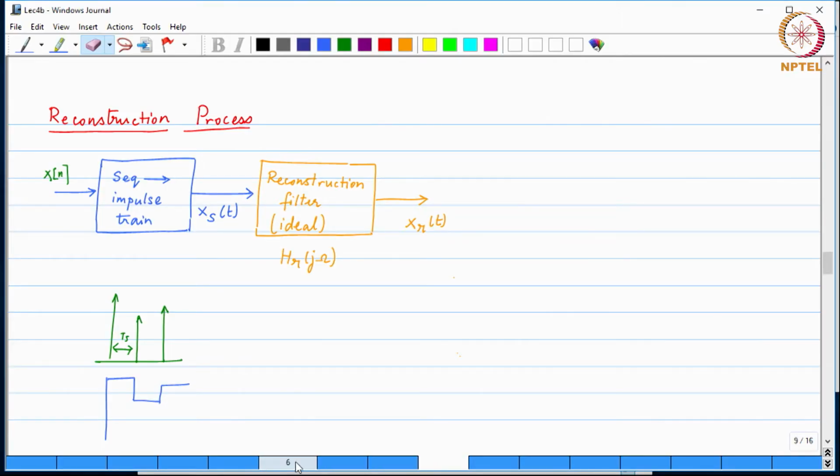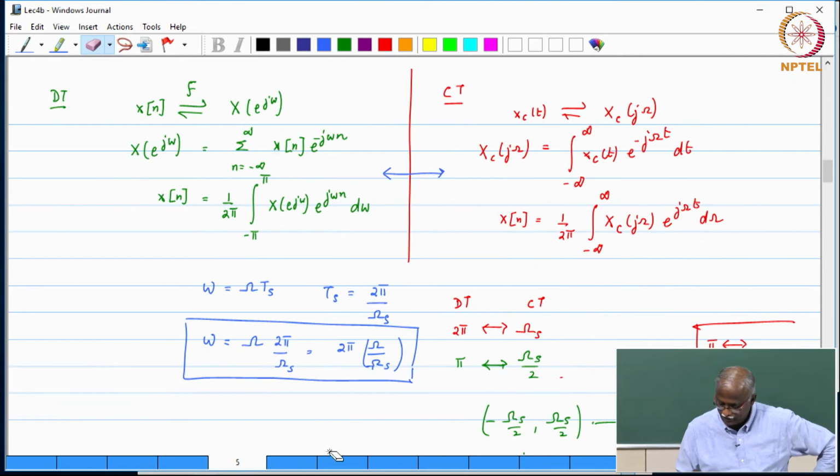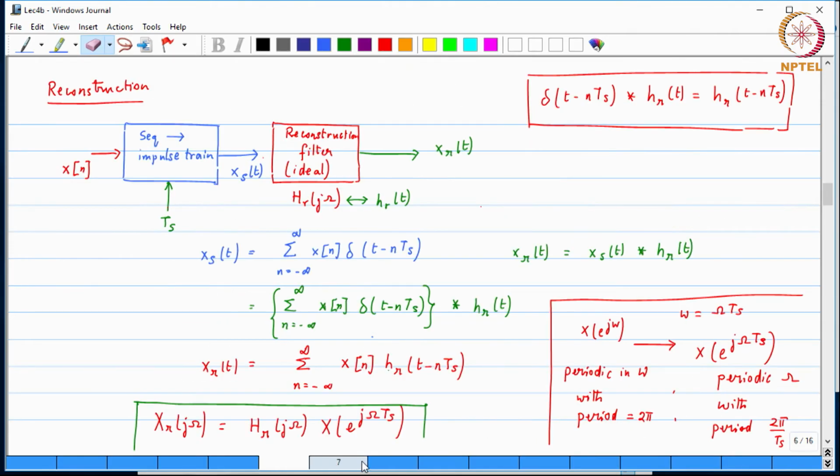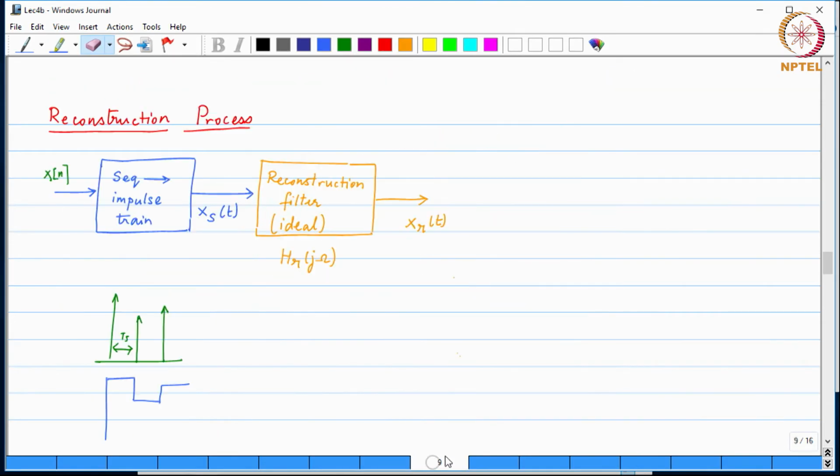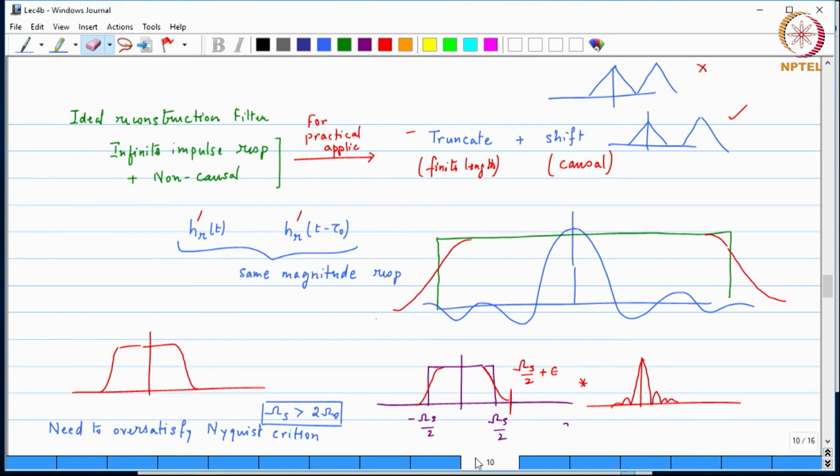Let me see where I have the truncation figure. Okay, here it is. So, the question is how do I design the truncation such that I do not run into aliasing effects. This is precisely where over-satisfying the Nyquist criterion will come into play.